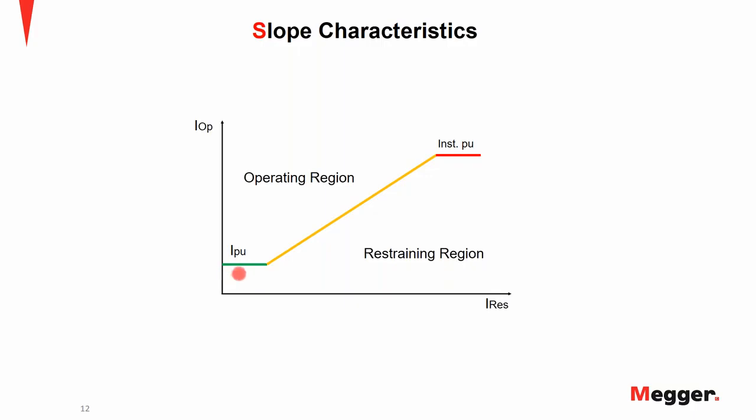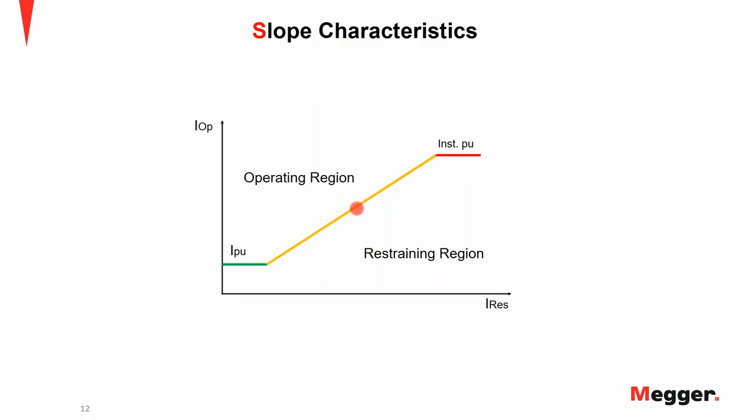The characteristic is going to be divided into two regions: an operate region and a restraining region. And then the characteristic will also have at the top our instantaneous value. So at some point when the current gets too high, we have to completely shut the system down, because now we're getting into a whole other situation. So we do have to have some minimum pickup value.